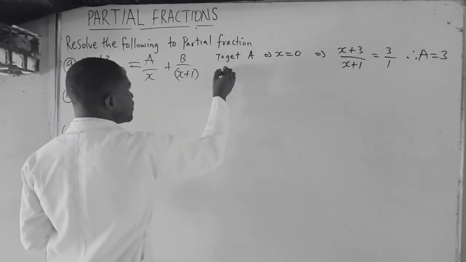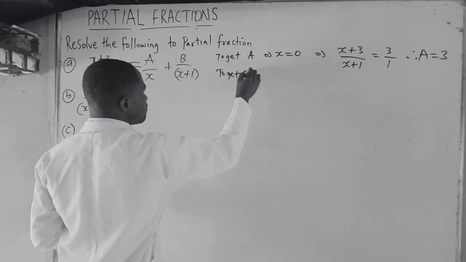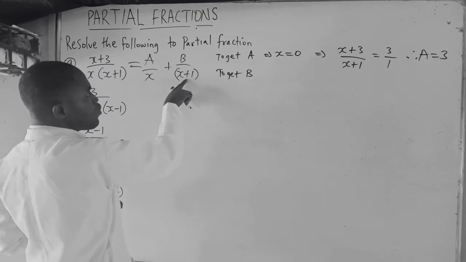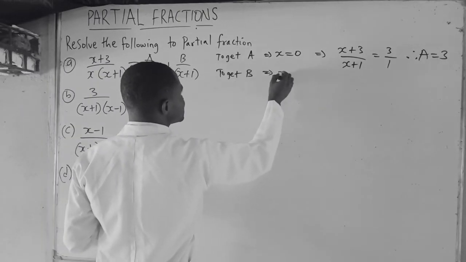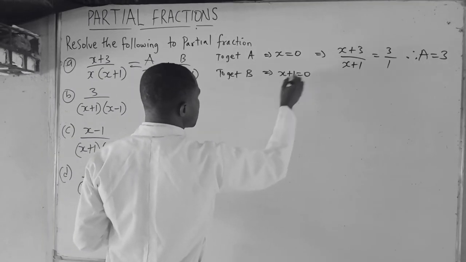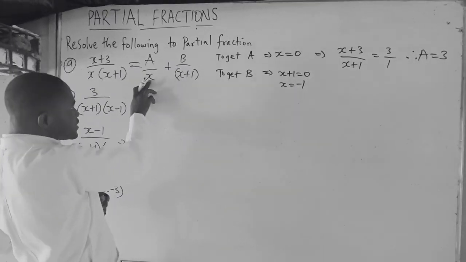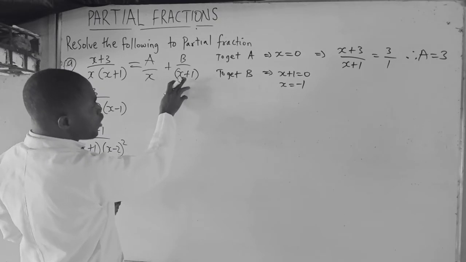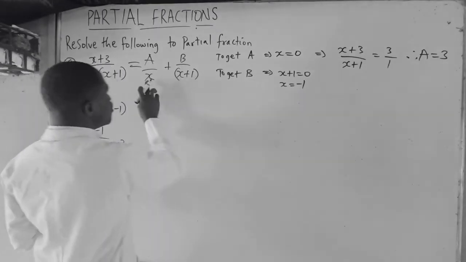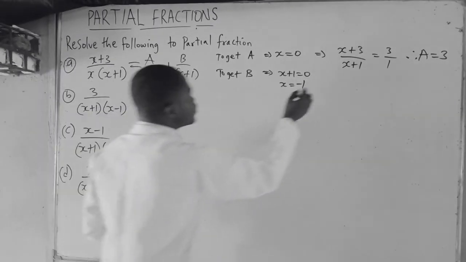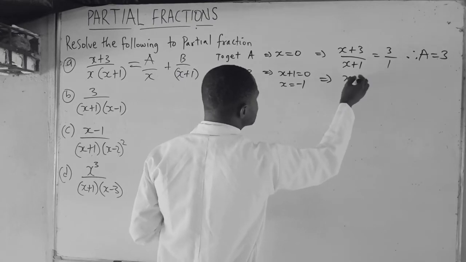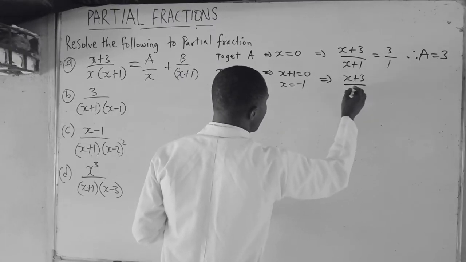Then to get B, carry the denominator of B, equate it to 0. It implies x plus 1 equal to 0, x equal to minus 1. Now, use this x to cover this up because you have removed this to equate it to 0. Use this x to cover it up. So as you cover it up, you have x plus 3 all over x.